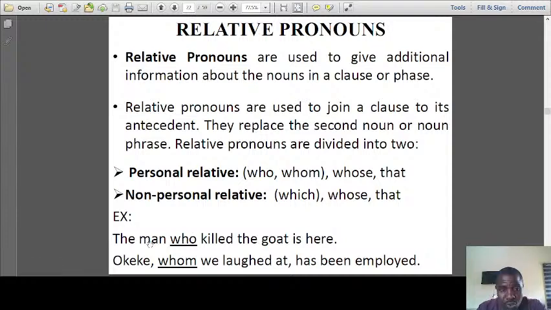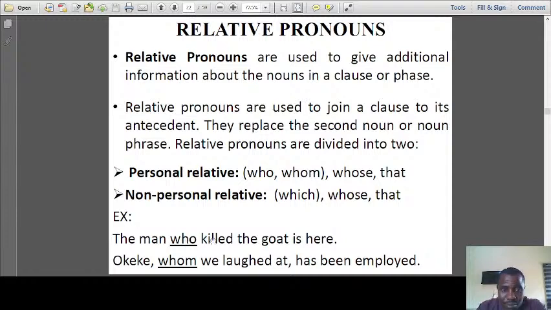So instead of saying "the man," we now say "the man who killed the goat." Now, this "who" here is a pronoun. In addition to the verb and the object, it is giving additional information about the man. So our concern here is the pronoun "who" that replaced "the man" to avoid repeating it a second time.